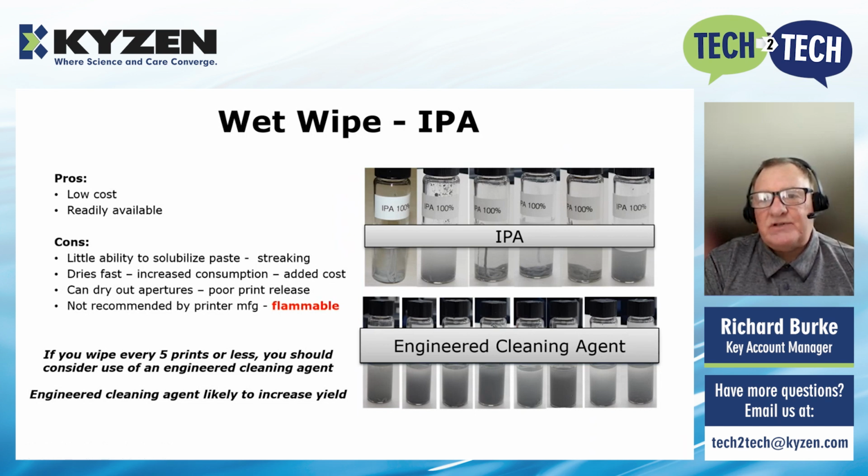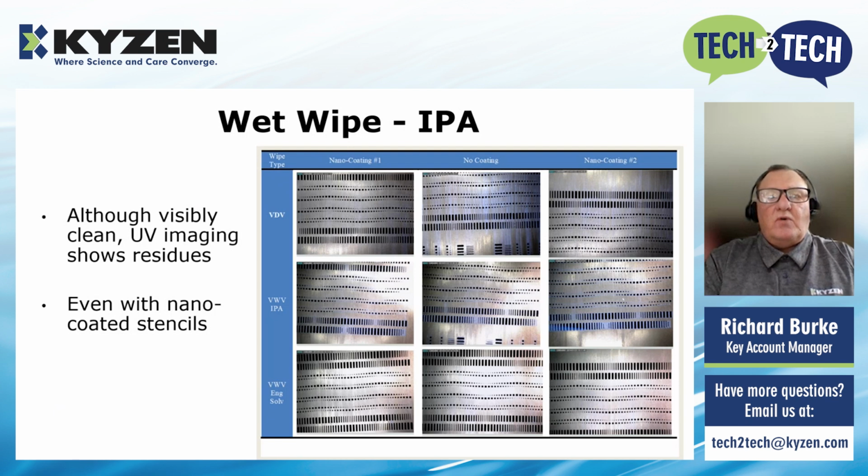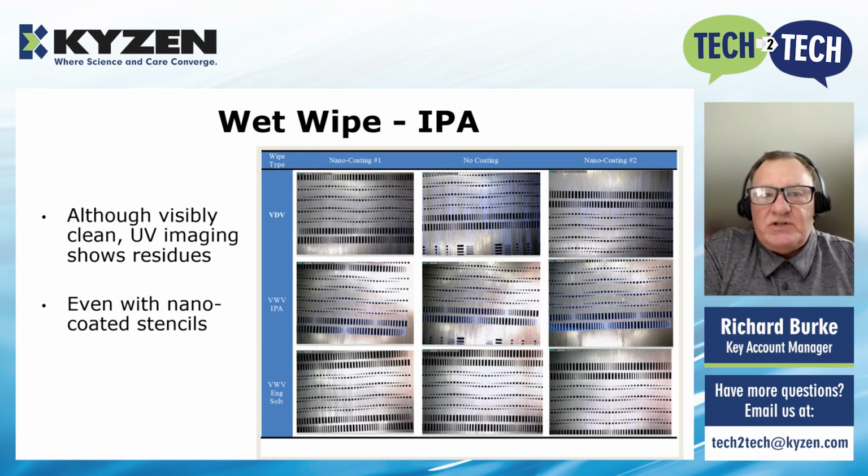That's because the material is designed for the application. And similar to dry wipe, if you're wiping after every 5 prints or less, from a cost perspective, going to an engineered cleaning agent would very likely save you money.